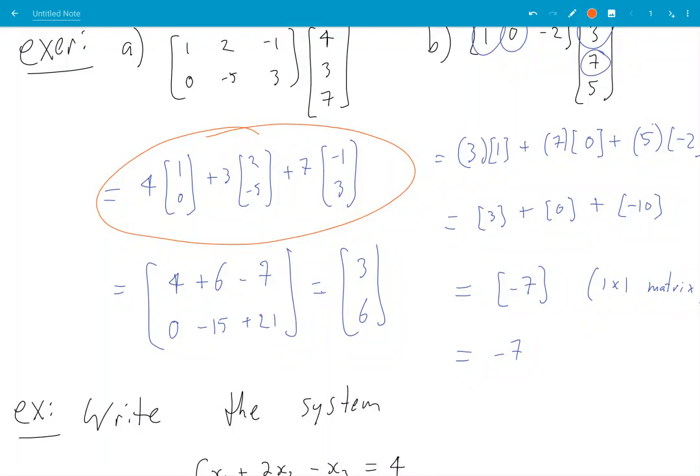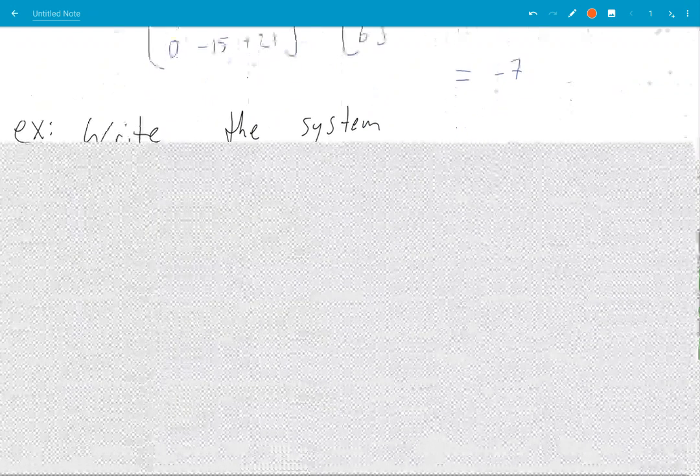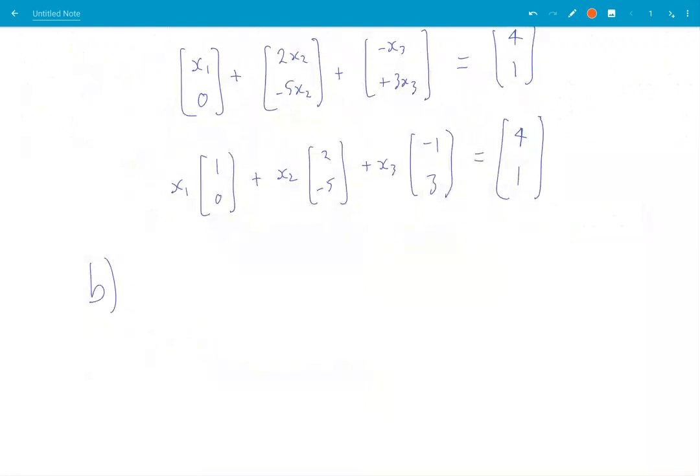Then I can go from this step to this step. I can go backwards, in a sense. So down below I have something that looks like this, and I'm going to work backwards and get my matrix-vector product.